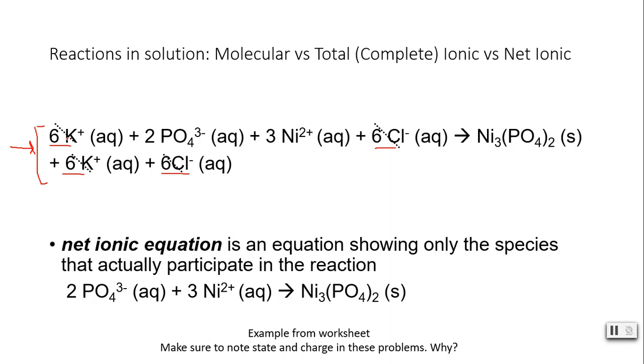It's like saying if you have 2x on one side of the equation and 2x on the other side of the equation, they cancel out. So canceling out ions that are the same on both sides of the total ionic equation gives you something that's called the net ionic equation. So essentially going from the total to the net is just taking out the ions that are the same on both sides and writing down what's left, which is what is right here.